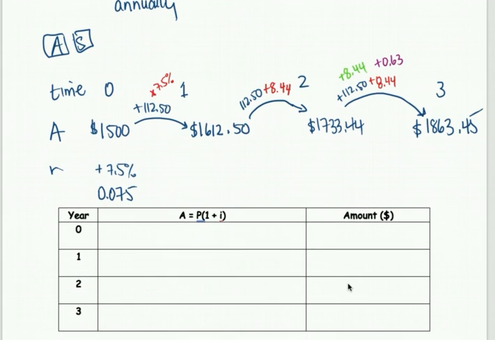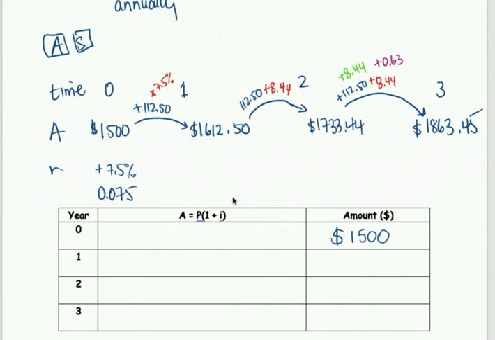All right, so if we look initially here at year 0, so right at the beginning before any time passes, this is how much money you have in your account. So we have $1,500. Okay, and then the growth factor here, we're going to use I as the interest.